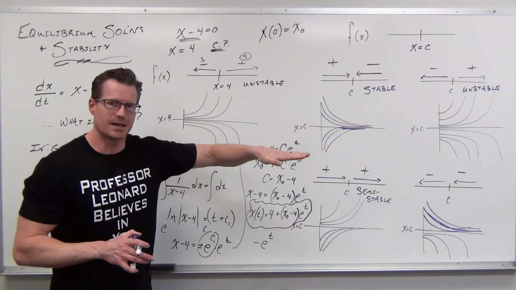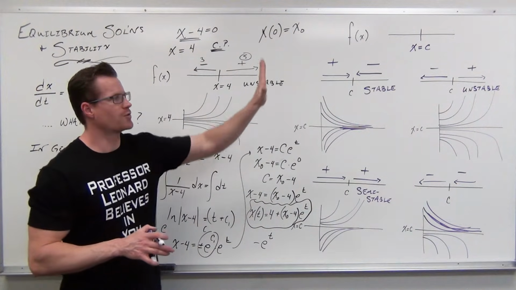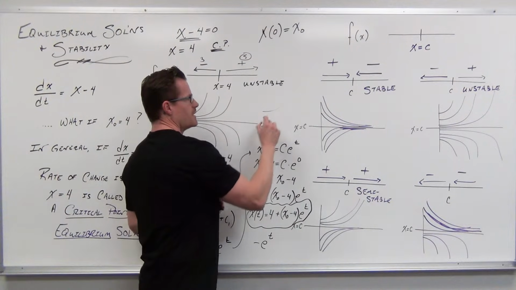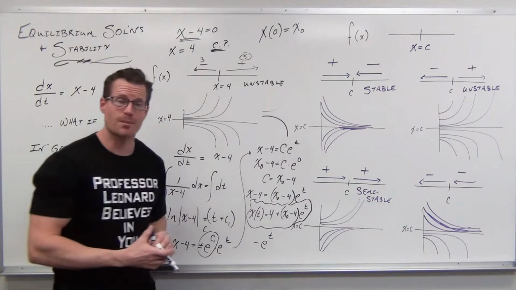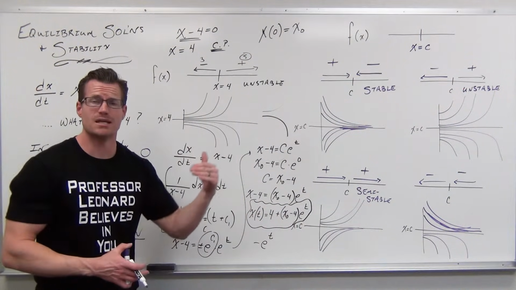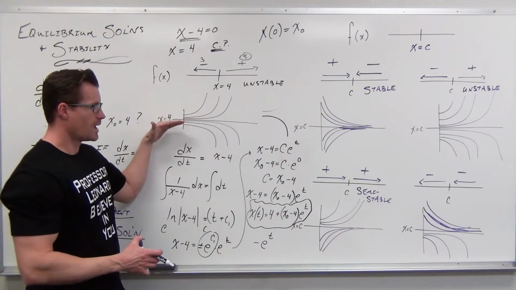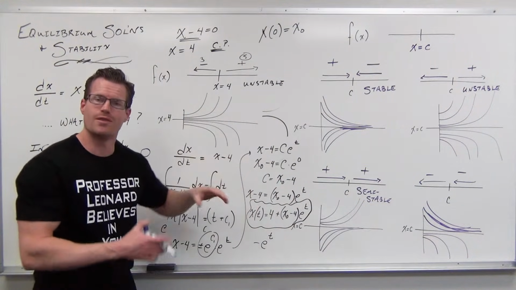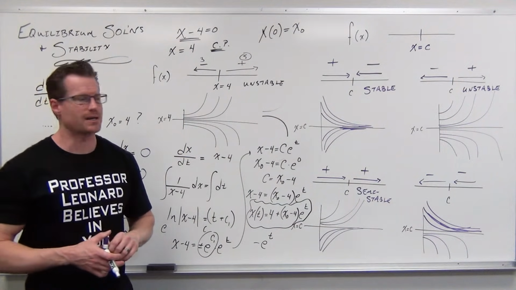It's not dropping like this, it's a reflection of your exponential. So instead of climbing, you'd be dropping. If your initial condition is less than 4, you have a negative exponential. So go up to 4 and then do a negative exponential. That's why this looks the way that it does.